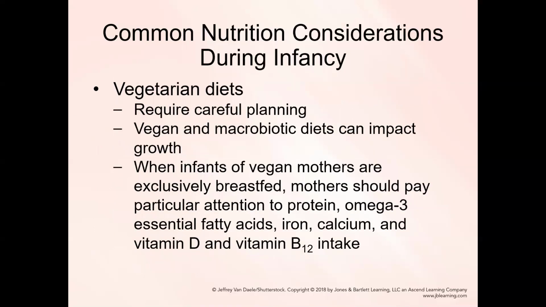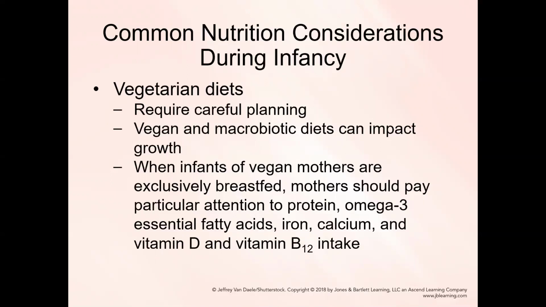So it is important to know that a lot of parents are making the choice to feed their children vegetarian diets, sometimes even vegan diets. You will see parents choose to do a soy formula. The important thing, particularly in children, to know and be ready to educate on is that in order to do this and have a child grow healthy, it's really important that some careful planning on the part of the parents is done.